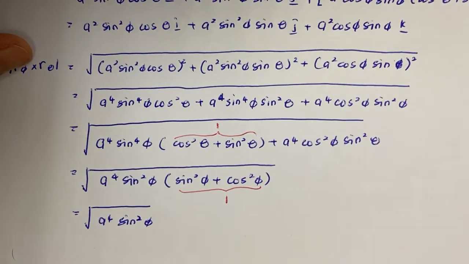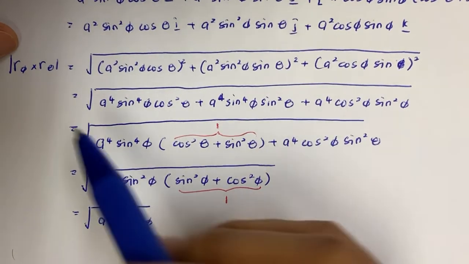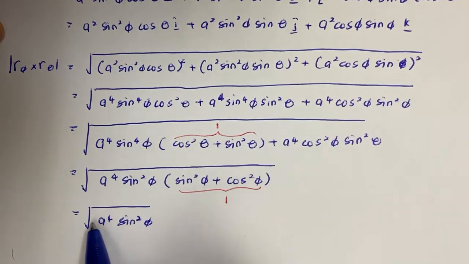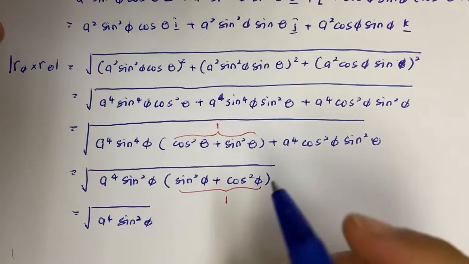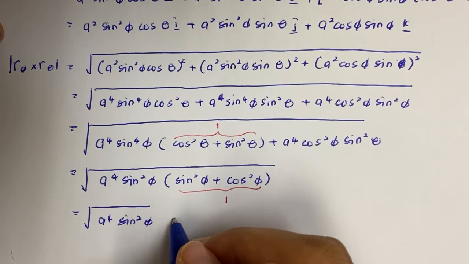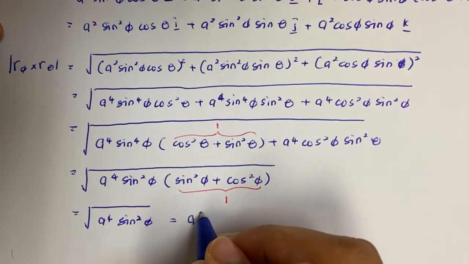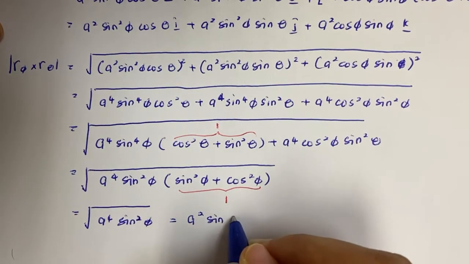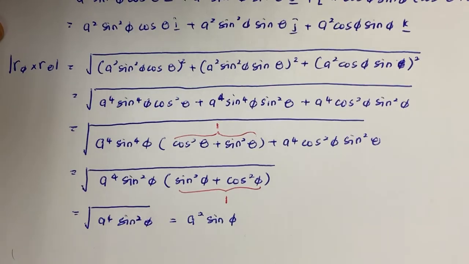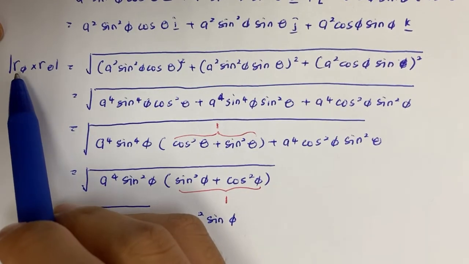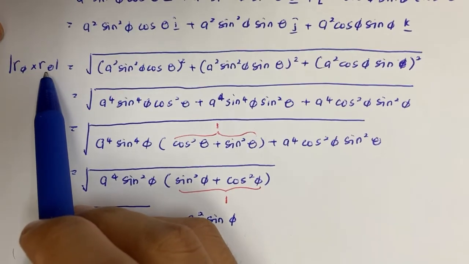And last, your magnitude for the cross product is equal to square root of a to the power of 4 sin square phi, and this is equal to a square sin phi. Okay, so from here you know the cross product magnitude of r phi and r theta.